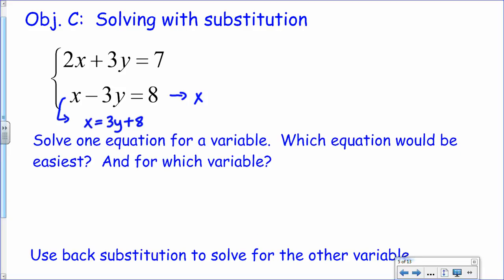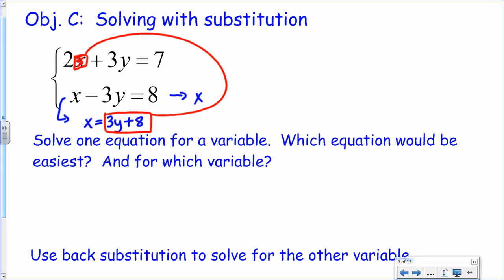So now, I want to solve one equation. I want to plug this 3y plus 8 into the top equation, since this is the bottom one. I have to use the other equation. And I want to plug this box, this 3y plus 8, in for x. It's x equals this box, so this 3y plus 8 goes in for x. Okay, so I no longer have x.